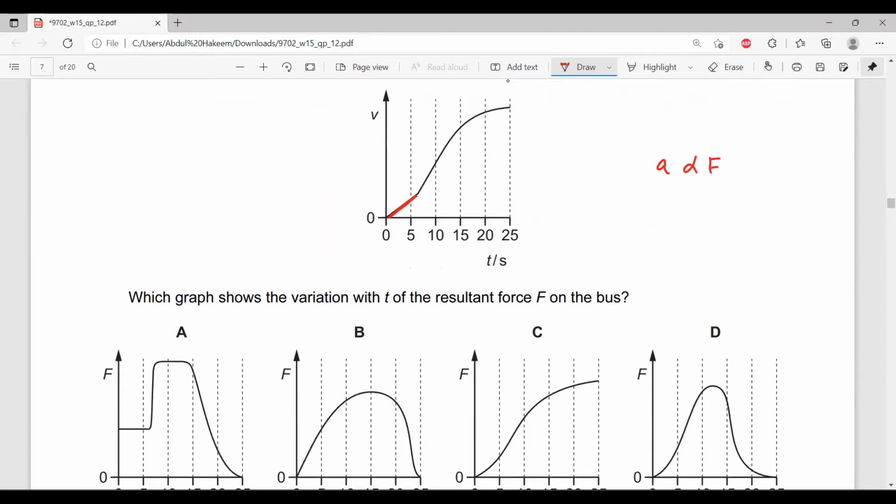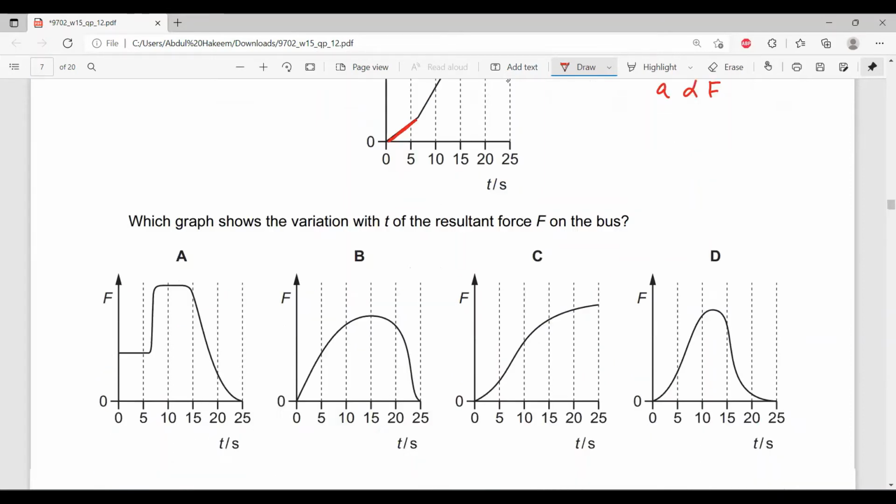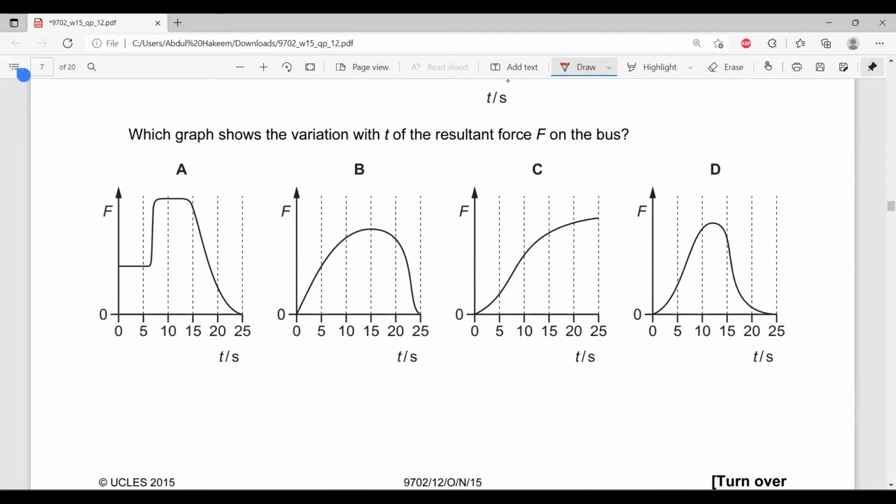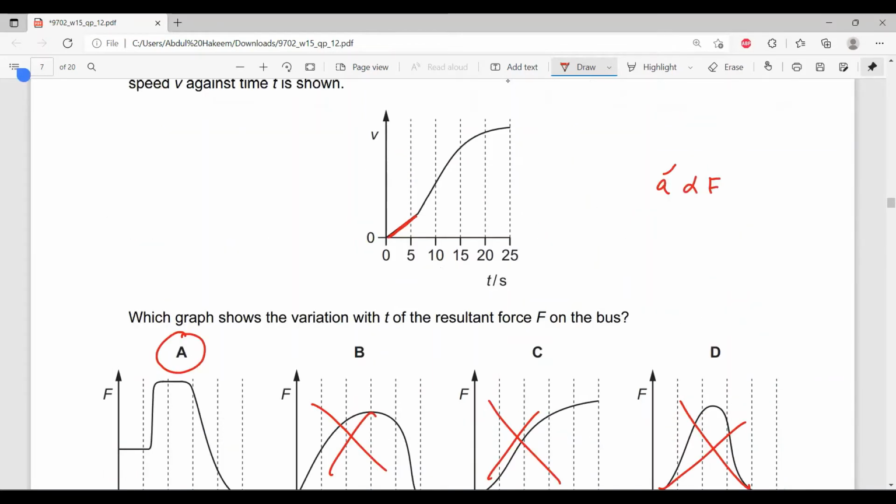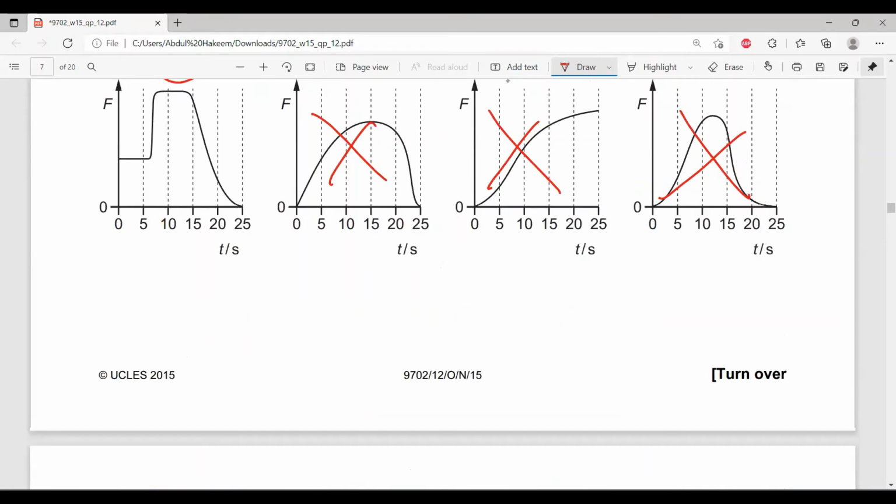So for this portion, the gradient is constant, meaning acceleration constant, so force constant. So initially the force is constant, only A. This is wrong, this is wrong, this is wrong, A is the option. Because the gradient is constant, acceleration is constant, then the force is constant. So A is the option.